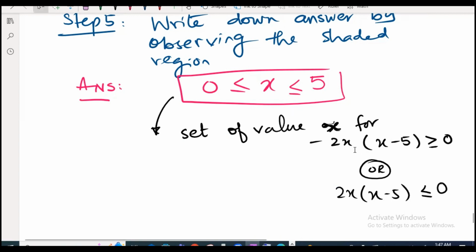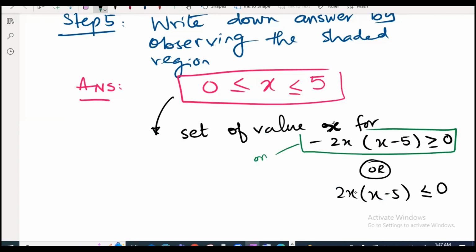So both the inequalities are satisfied by these values. The original question was this. So don't be confused. This was the original question here.